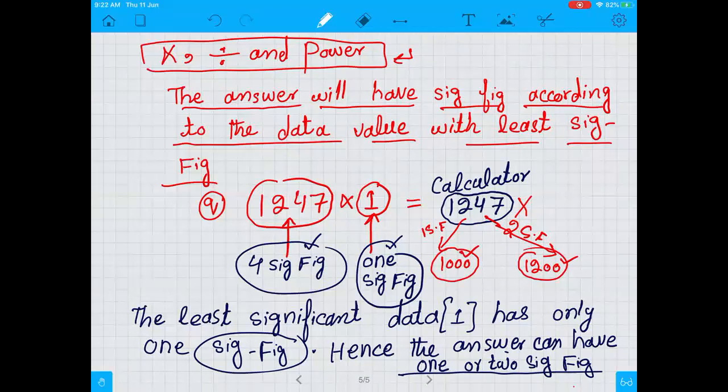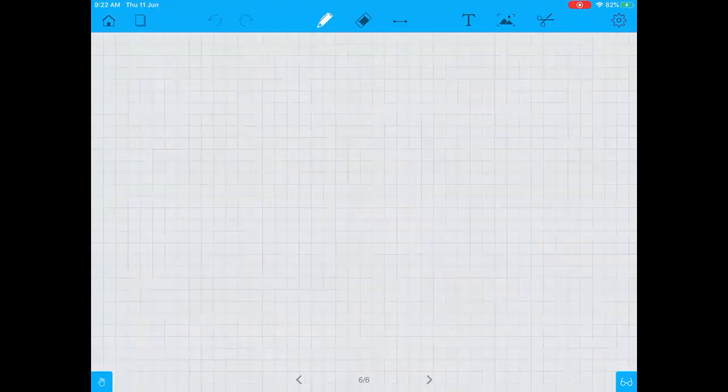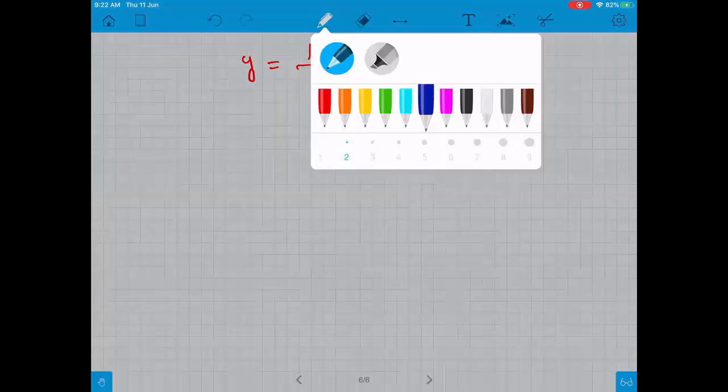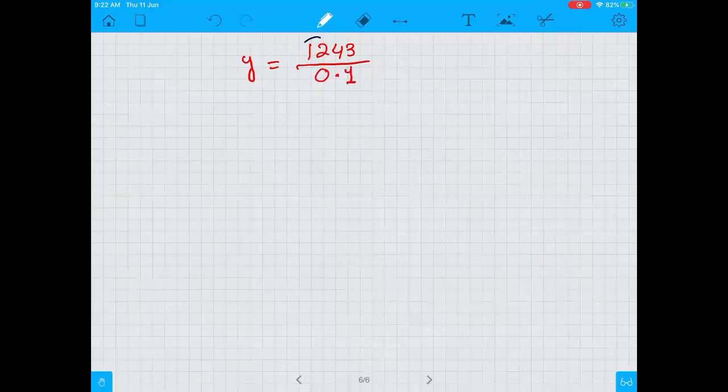Now we see one example about division. If someone asks you, calculate a number y that is equal to 1243 divided by 0.1. Now you see, if you have two data values, one is 1243 and the other is 0.1, then how many significant figures does each data value have?